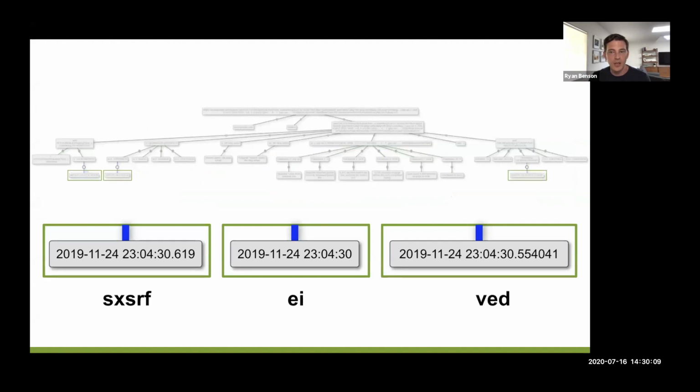So I'm just making it easier to see these again. I'm pulling those 3 timestamps we talked about into a bigger view: the SXSRF, the EI, and the VED. Looking at these, what's interesting is they're all approximately the same time, but not exactly. It's also interesting that they all have different levels of precision. The first one is a millisecond timestamp, the EI parameter is just to the second, and the VED is actually to the microsecond.